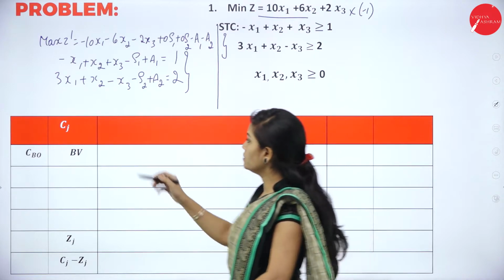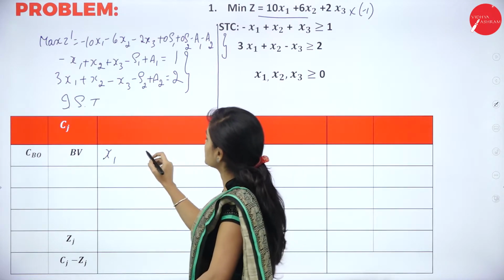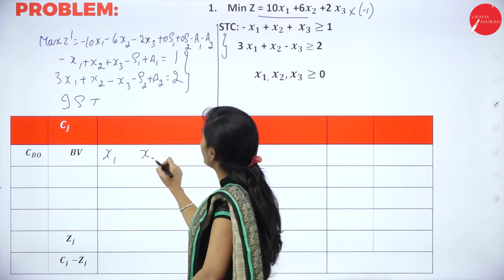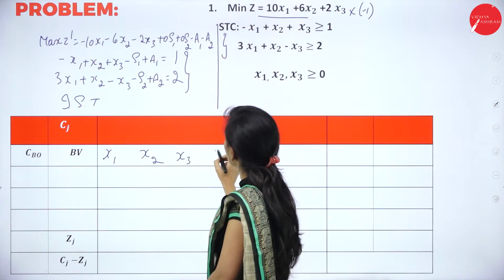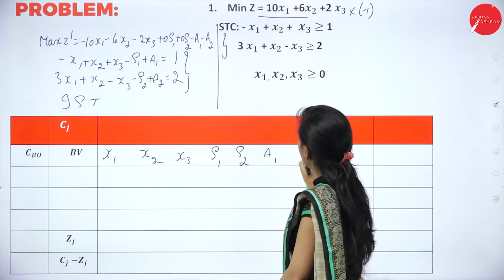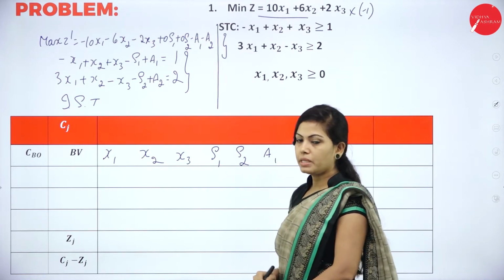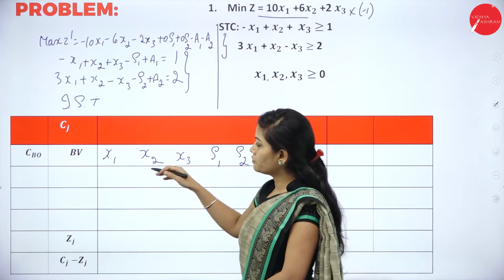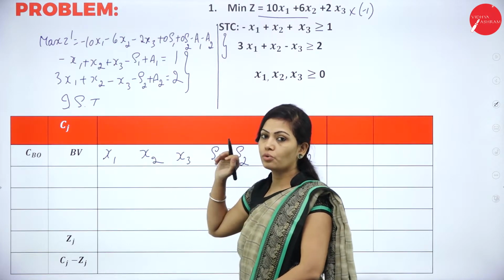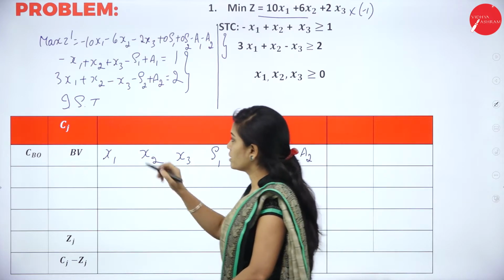I can move further. So the initial simplex table. First write all the variables: x1, x2, x3, s1, s2 and a1, a2. I have these many variables. Now write the coefficients of this objective function. So already I have told you that this is phase 1.